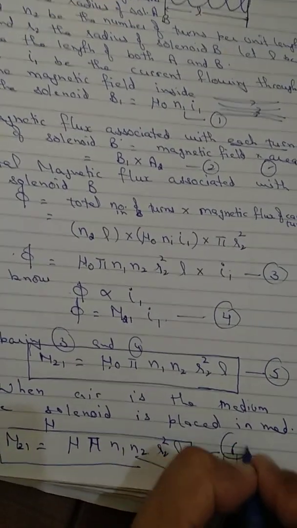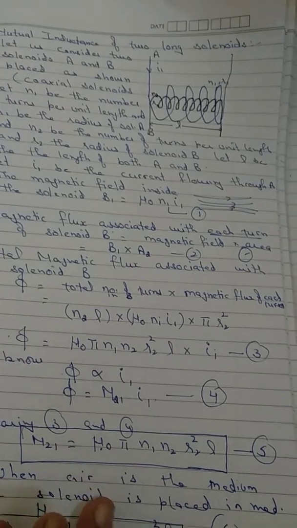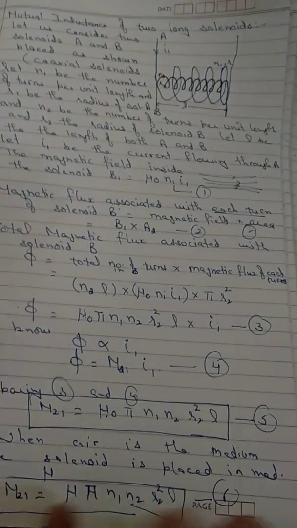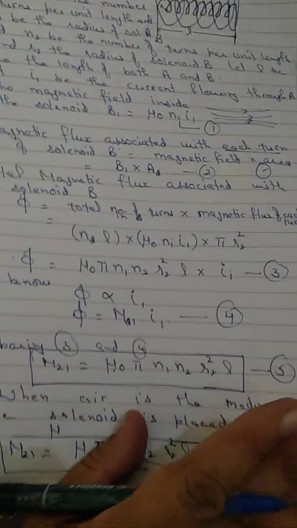So this is the coefficient of mutual induction of solenoid B when the current flows through solenoid A. Similarly, when the current is flowing through B, we can find the coefficient through A. That will be similar.